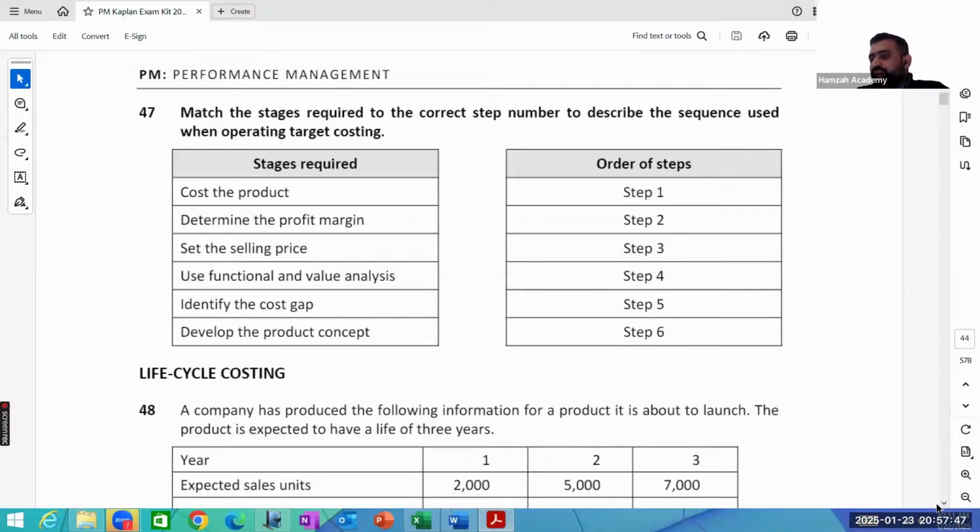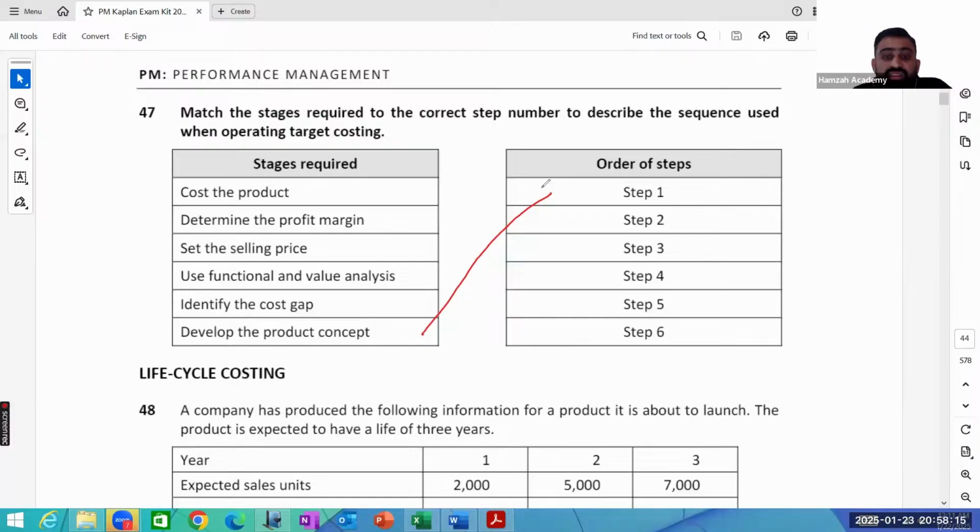Match the stages to the correct step number to describe the sequence used when operating target costing. First of all, the first step obviously is to develop the product concept. The first step is to develop the concept of the product which you want to sell.